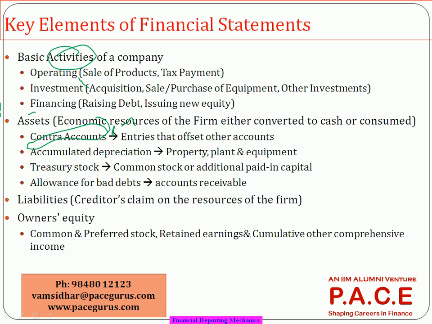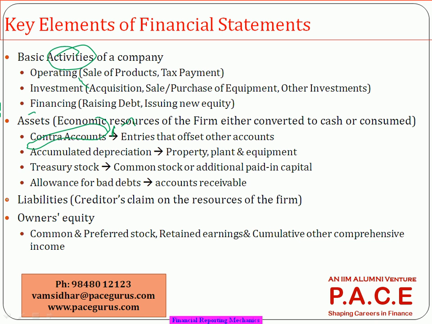Those are all treated as liabilities. I have purchased something on credit, so I have to pay money to my vendors in future. So that is a kind of obligation or a liability for me. So I have to list down whether it goes as a liability or it goes as a part of owner's equity. Owner's equity is all capital of the owner.